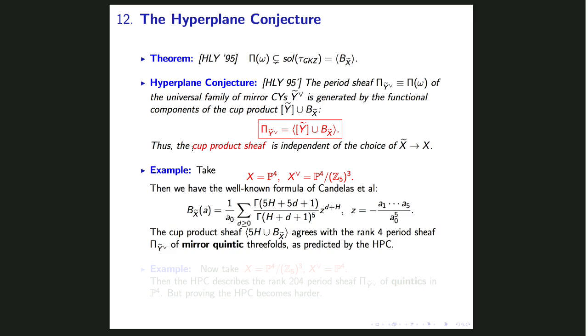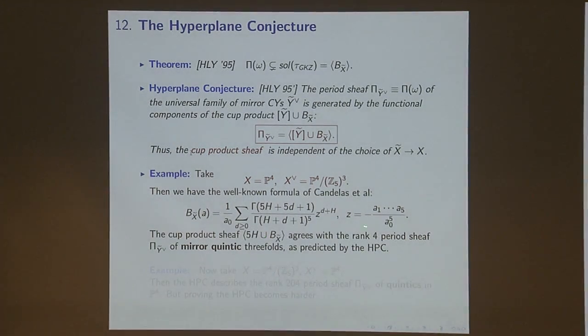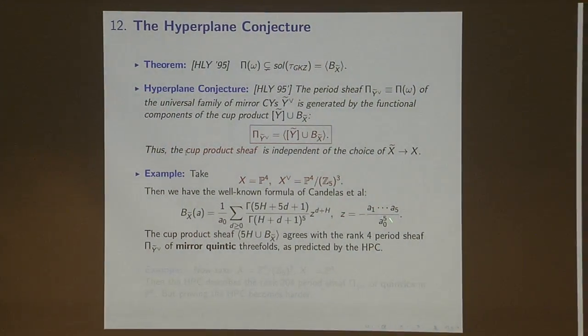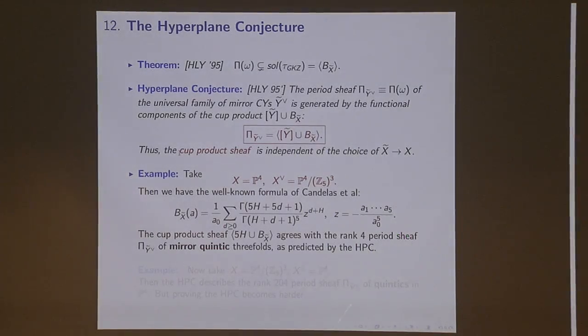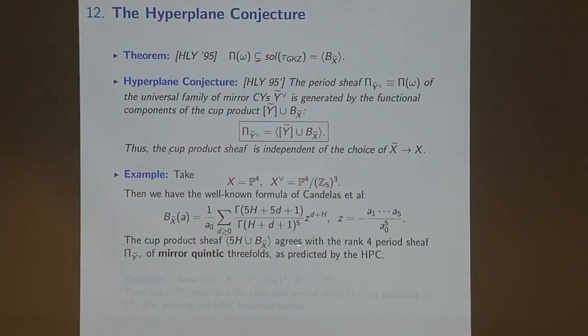H here is the hyperplane class of CP4, and Z here is this combination of the coordinates a_i. The cup product sheaf in this case turns out to exactly agree with the rank 4 period sheaf of the so-called mirror quintic threefold, as predicted by the hyperplane conjecture. As most of you know, this function is responsible for a lot of excitement in algebraic geometry for the last 20 years.